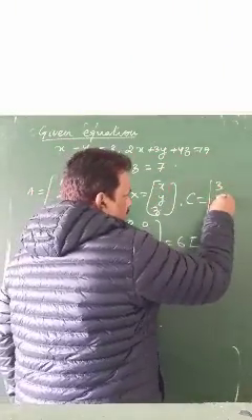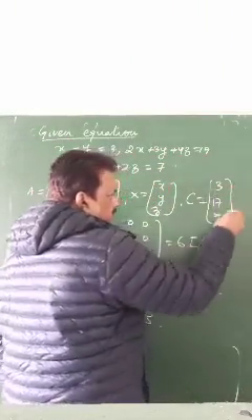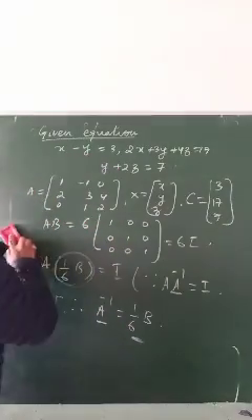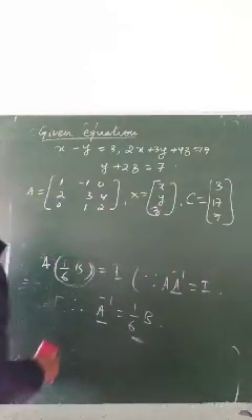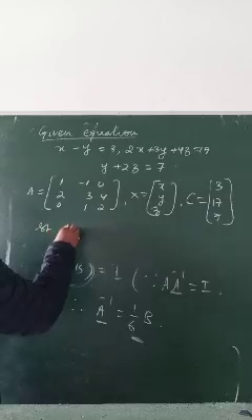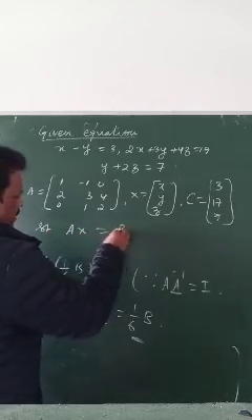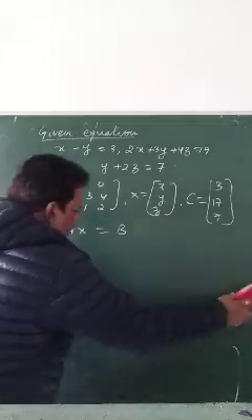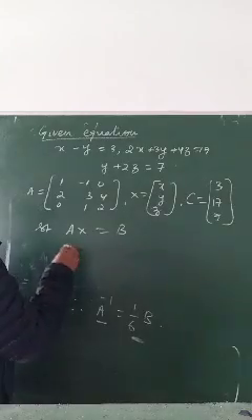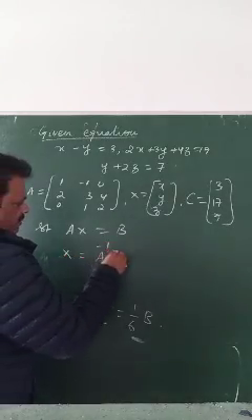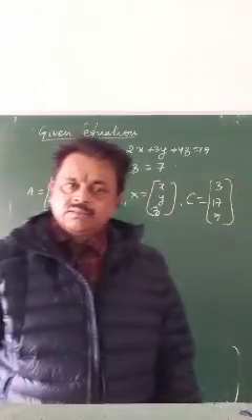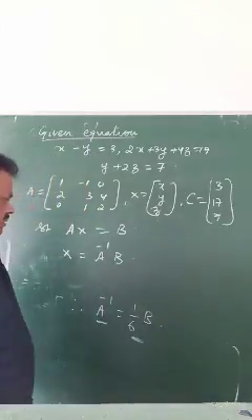This I have already done. This type of question is such that AX equals C. So you have to find out X, which is A inverse C. Condition: determinant of A is not 0.